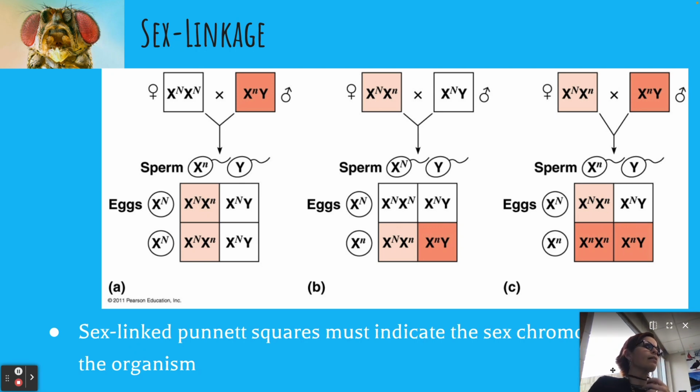So we see fewer sex-linked characteristics in females than we do in males. Males automatically have that trait, whereas females usually have to get 2 copies of it in order to actually show the trait.